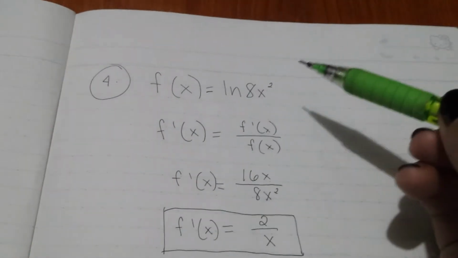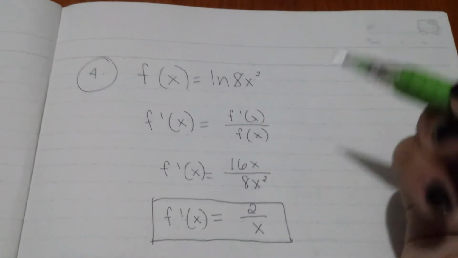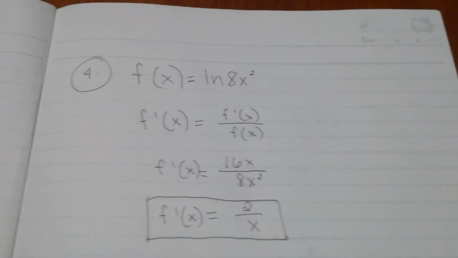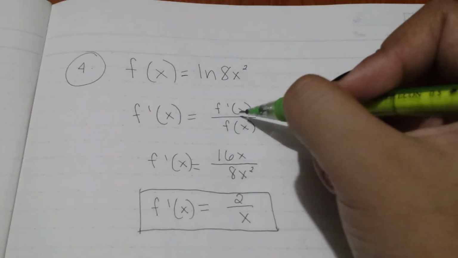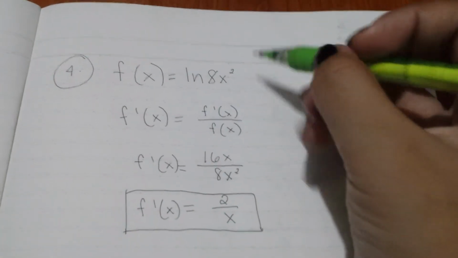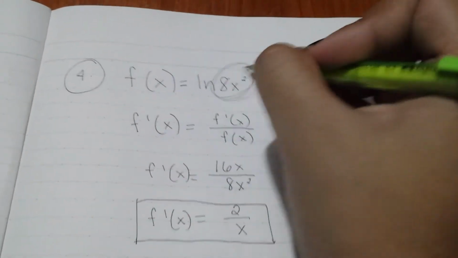So next is f of x equals ln of 8x squared. So in order to get the derivative of this function, we have f prime of x over f of x. So the f of x is this one, the 8x squared.